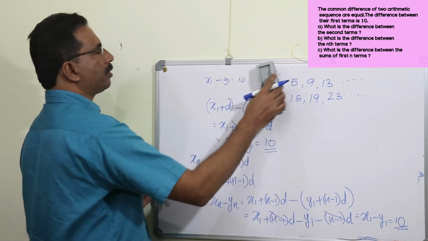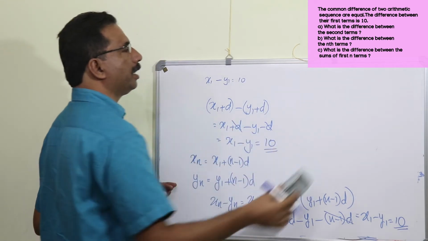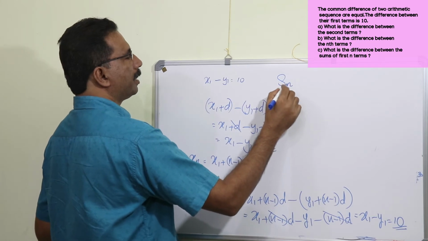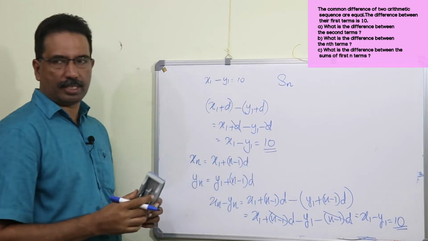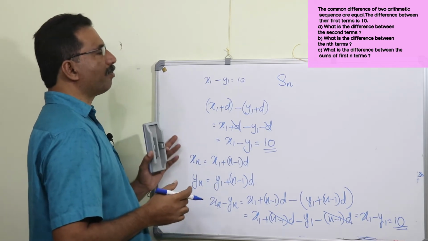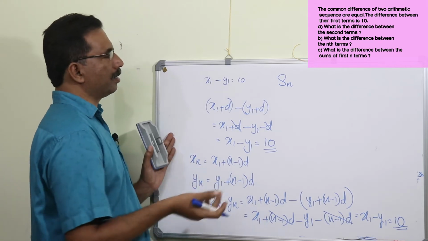Now the next part is, what is the difference of the sum of the first n terms? That means the difference of Sn. What is the difference of the sum of the first n terms of these sequences?